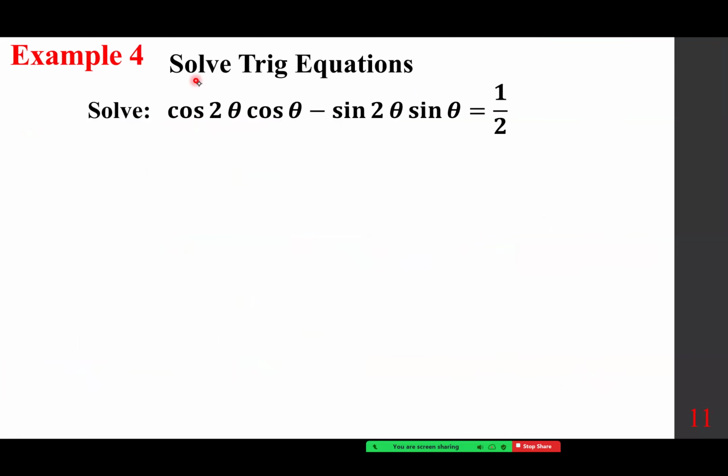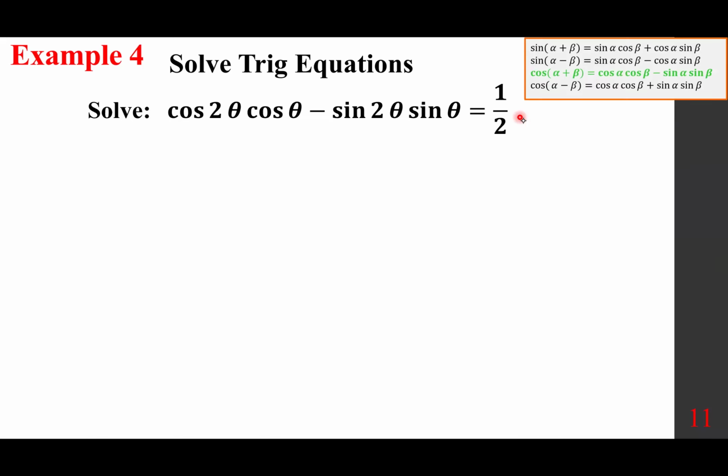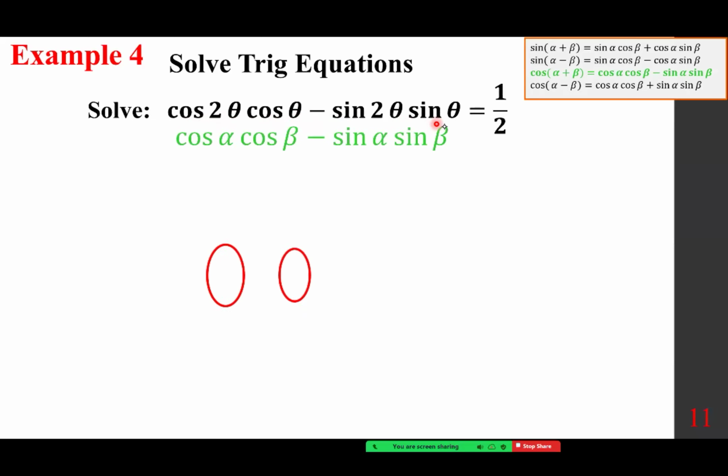Let's solve the trig equation: cosine 2 theta cosine theta minus sine 2 theta sine theta is 1/2. These are the sum formulas, and we notice this is in essence cosine alpha cosine beta minus sine alpha sine beta, where alpha is 2 theta and beta is theta.